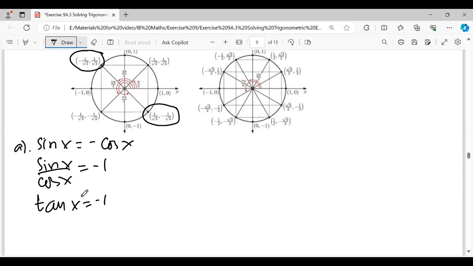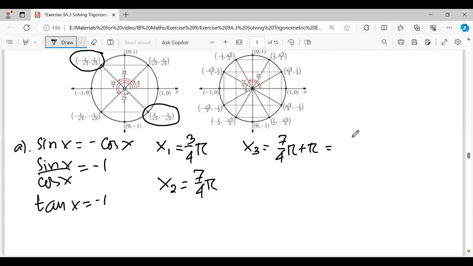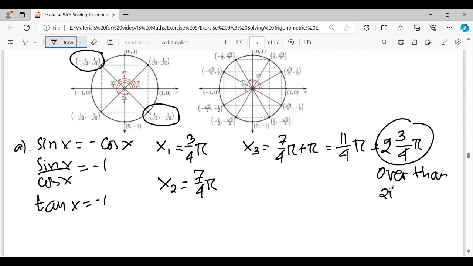Okay, so it means x1 is 3 over 4 pi, x2 this one was 7 over 4 pi. x3 would be 7 over 4 pi plus pi, it's going to be 4 plus 7, 11... 4 times 2 plus 3, over 2 pi.